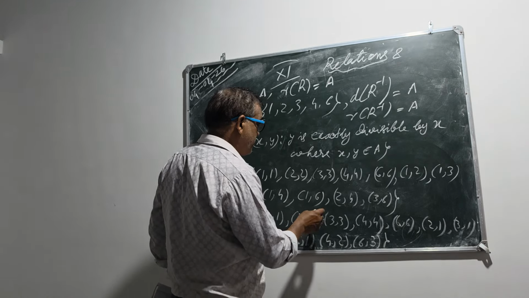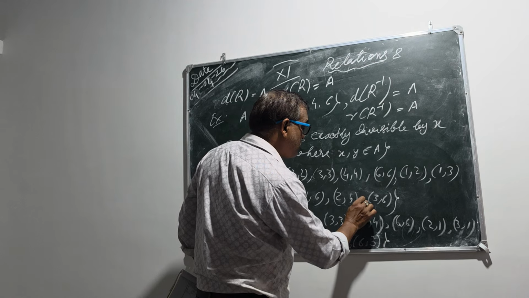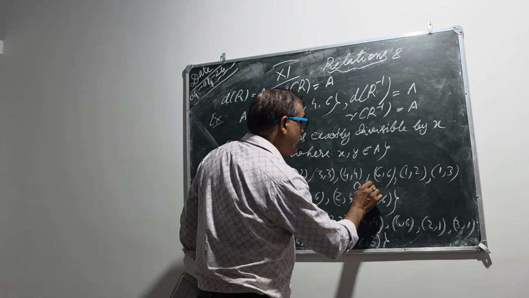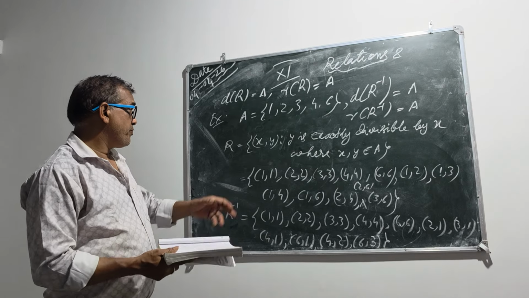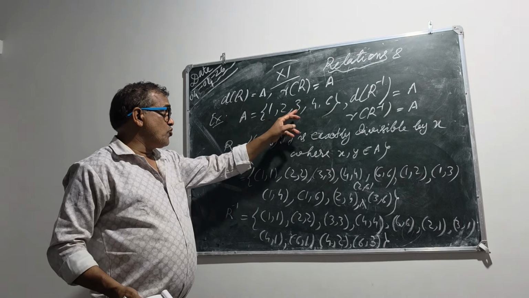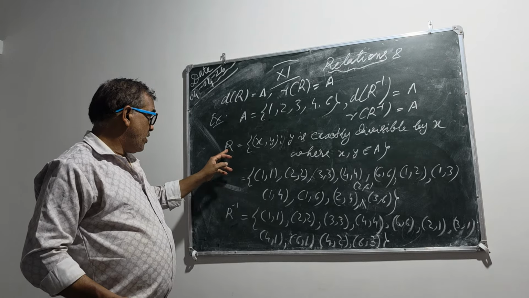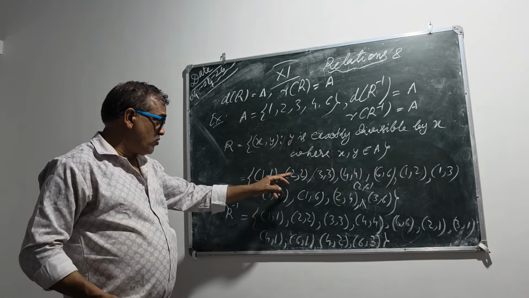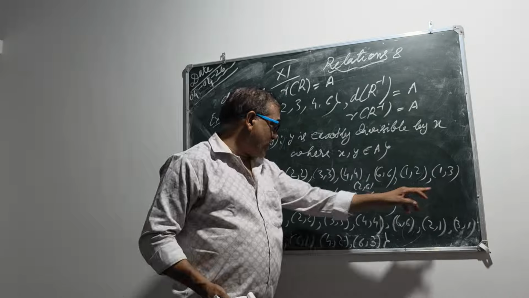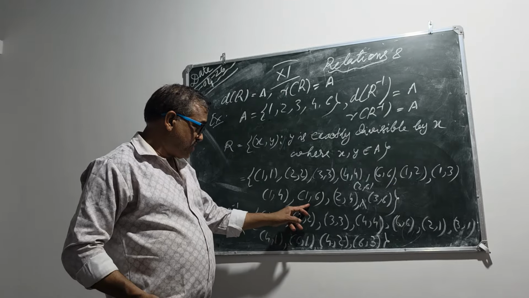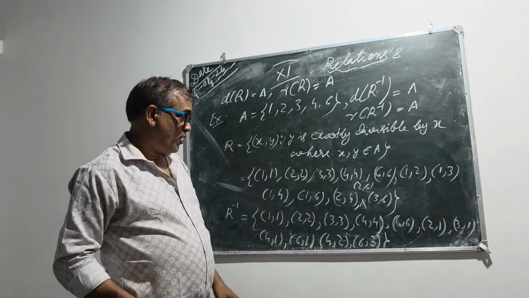So one more ordered pair is supposed to be here: (2, 6). So if A equals {1, 2, 3, 4, 6}, then R will be (1, 1), (2, 2), (3, 3), (4, 4), (6, 6), (1, 2), (1, 3), (1, 4), (1, 6), (2, 4), (2, 6), (3, 6).